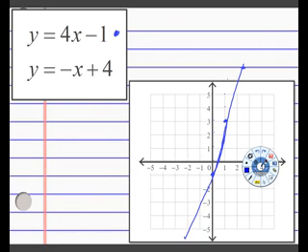In the second graph, I'm going to use red. I'm going to go to 4, and my slope is negative 1, or negative 1 over 1, so I'm going to go down 1 over 1, down 1 over 1. I'm going to connect these dots.